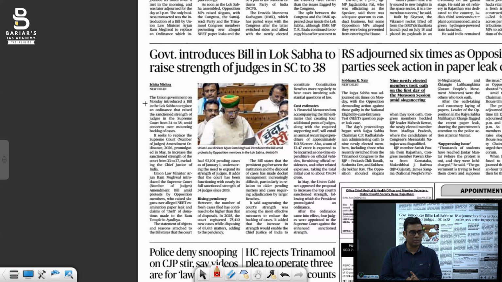Now, originally, if we see the Constitution of India, Article 124 provides for the judges in the Supreme Court, which states that there shall be a Supreme Court, the Chief Justice of India. Initially, the Constitution provided for how many judges? 7 judges plus CJI, which means a total of 8 judges.